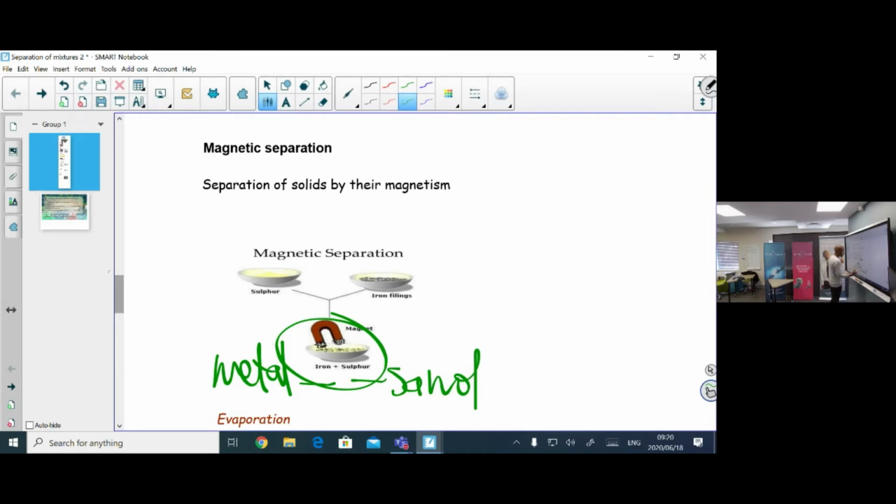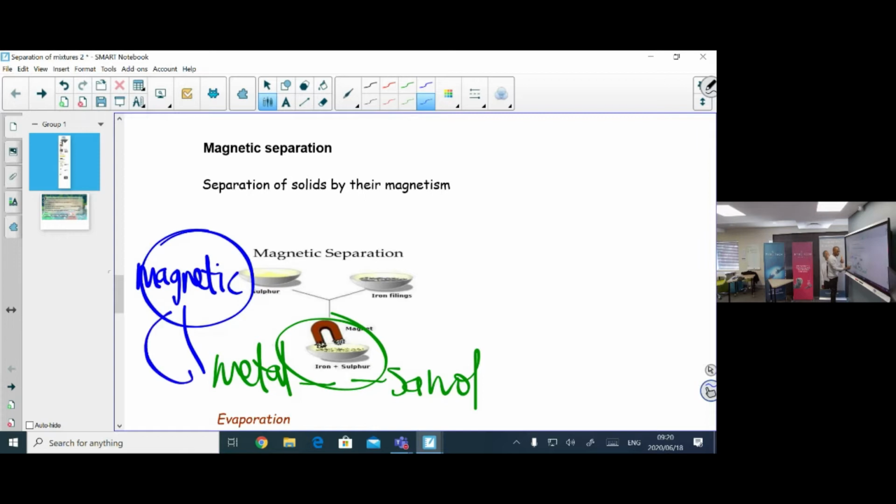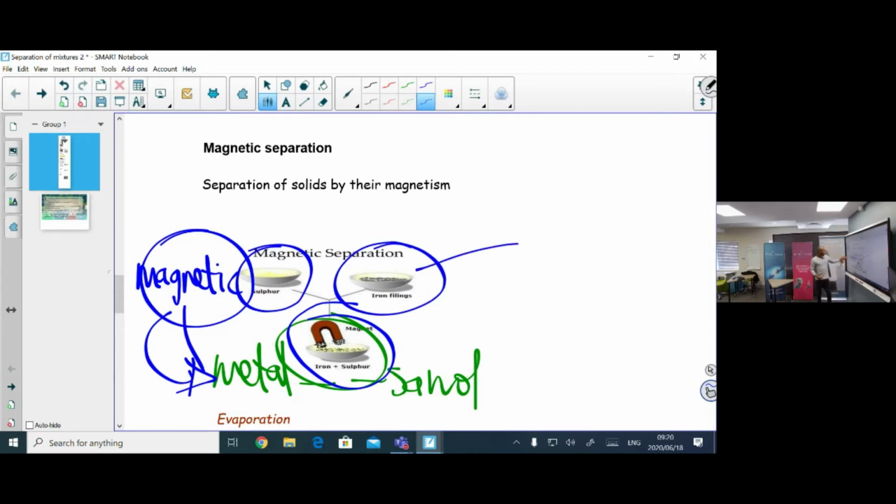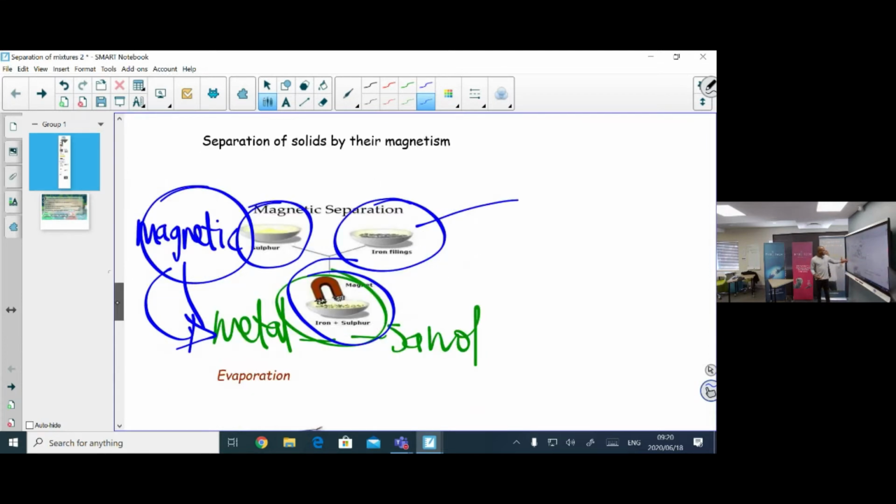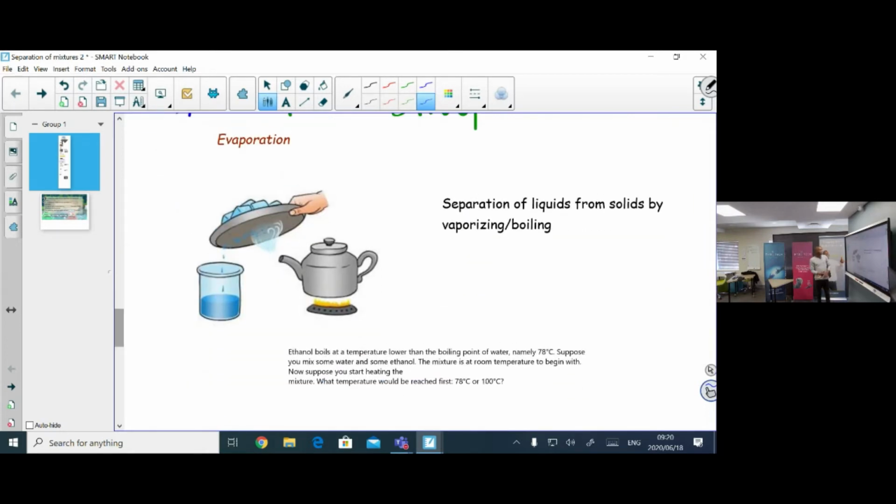You place a magnet over it, and because metals are magnetic, this is a property belonging to metals, they will be attracted or pulled towards our magnet, and can thus be separated from the mixture, leaving behind your sand and having separated your metals.